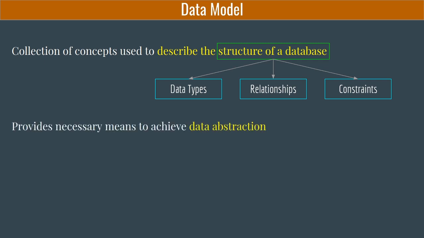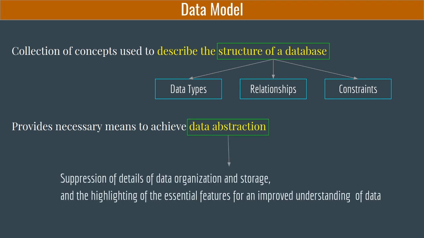This data model provides the necessary means to achieve data abstraction. Why do we need to describe the structure of a database? Because it provides means to achieve data abstraction. So what is meant by data abstraction? Data abstraction is the suppression of details of data organization and storage. We need to hide the details of how the data is stored inside the hard disk, because as a user, I don't want complete details of how data is stored.